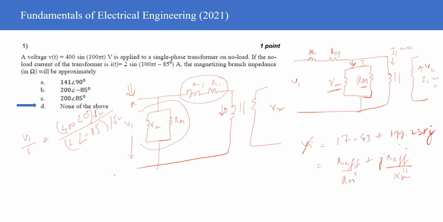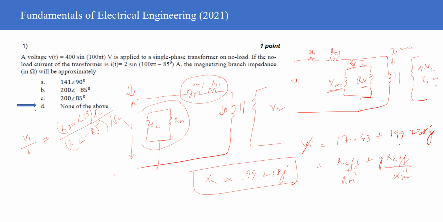So from here you can very well understand that the value of XM is approximately equal to 199.238 j. So this is your answer for the magnetization inductance in ohms, which is not provided in any of the options mentioned in the question.